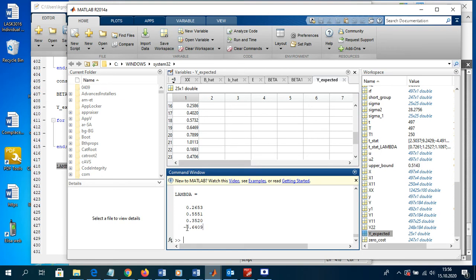We also see that the risk premium for the value factor is negative. That's obviously something weird; it should not be like this. The risk premium for the market factor is 0.55% per month, and for the size factor 0.35% per month.